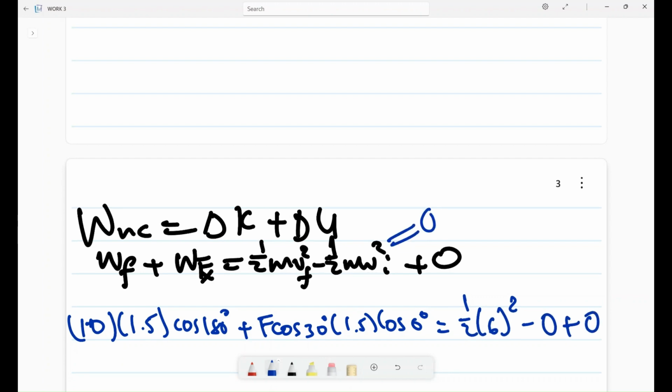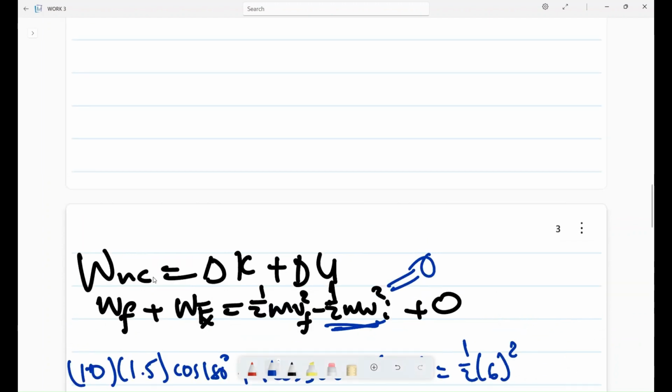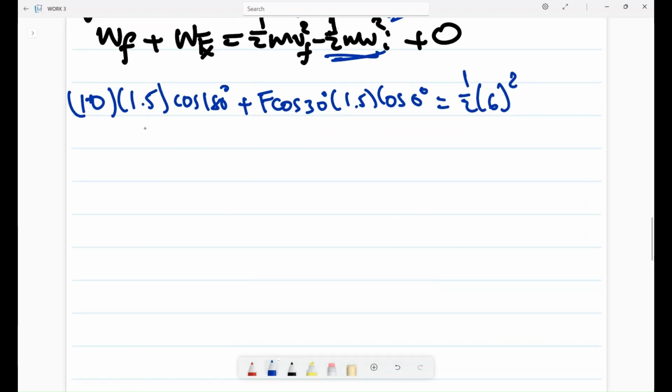Remember, this is equal to 0, because my initial velocity is 0 again. Then when I do my mathematical gymnastics there, it's going to be F equal to 20.78 newtons. So it is the same.